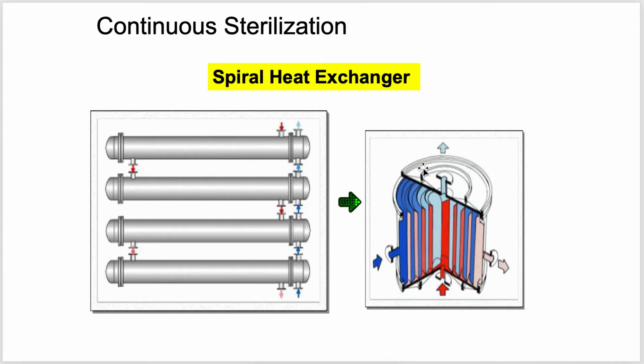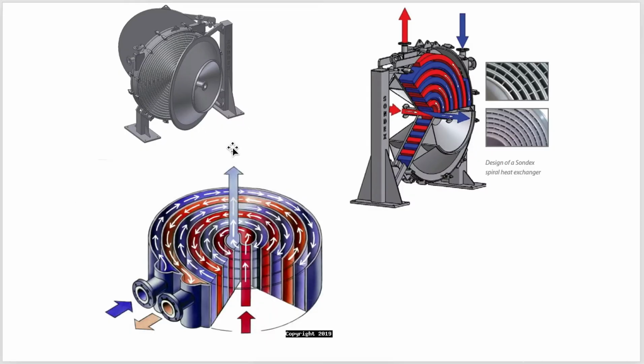During their flow they will get heat from the steam, and thus will be sterilized. These are some more photos of continuous spiral heat exchangers. So if you are interested, you can look more carefully.